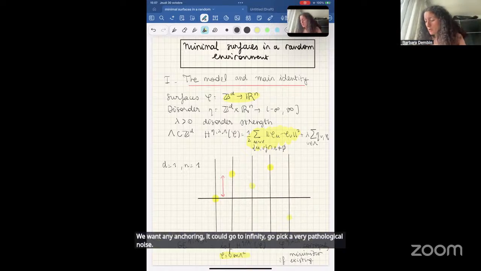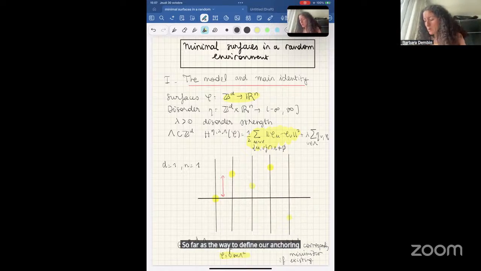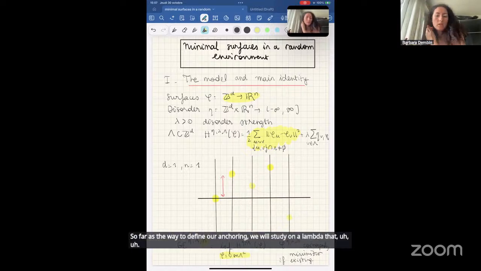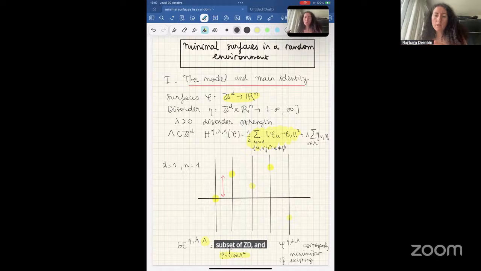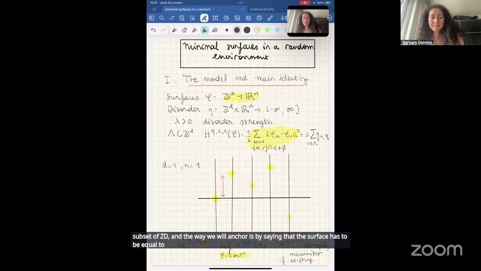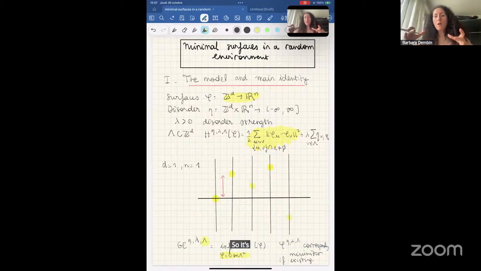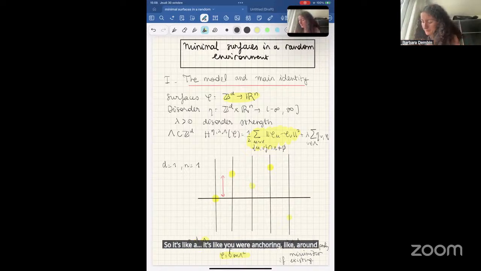So the way we define our anchoring, we will study on a Lambda that is a subset of Z^d, and we anchor by saying that the surface has to be equal to 0 outside Lambda. It's like anchoring around the boundary of a square. We denote phi^{eta,Lambda} the corresponding minimizer, if it exists.